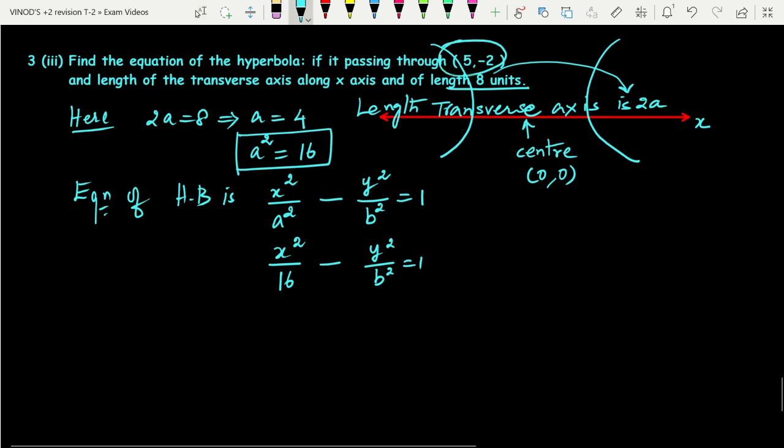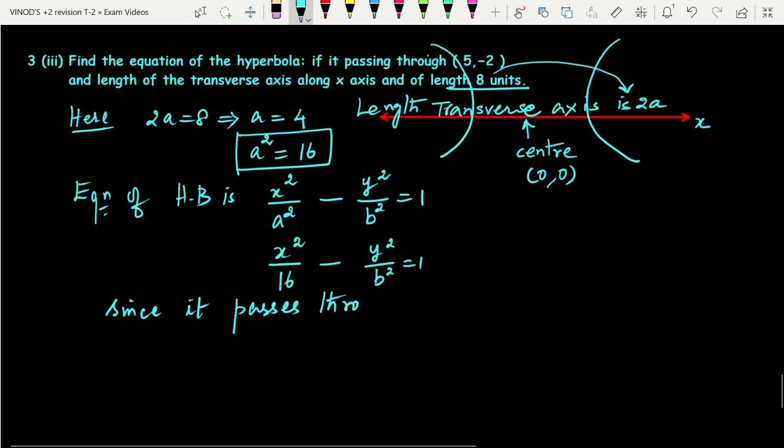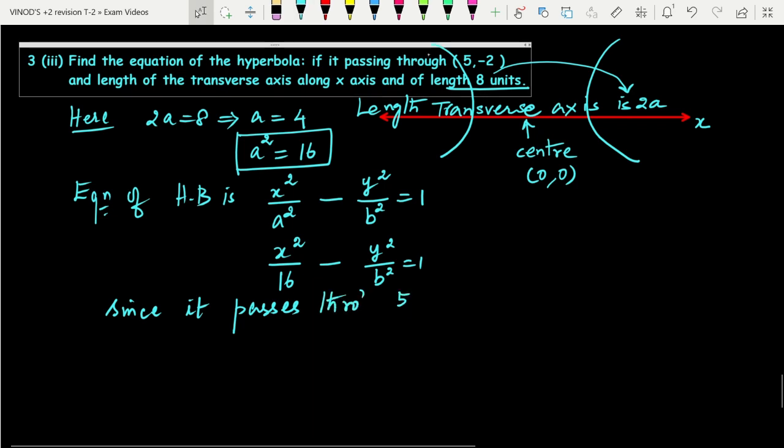The hyperbola passes through the point 5 comma minus 2. Because it passes through the point 5 comma minus 2, we are going to replace x with 5 and y with minus 2.